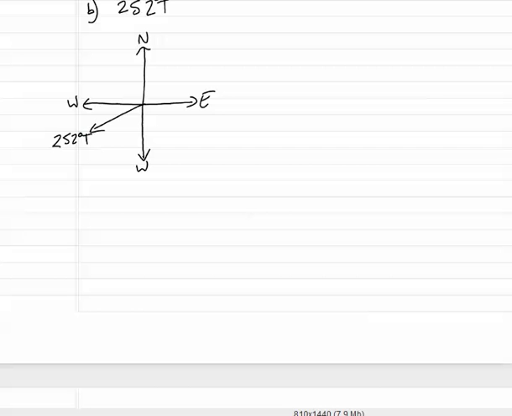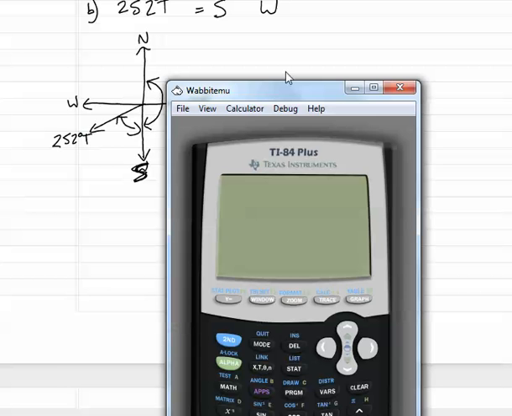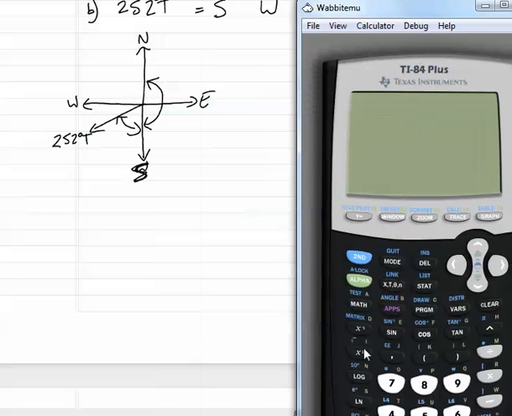And I want to convert that to another compass bearing. So my questions are, of course, North or south? We're going south. Are we going east or west? West. And what's this angle here? That's 252. It's 180 from north to south, and so we count our way along, or just subtract if we prefer.